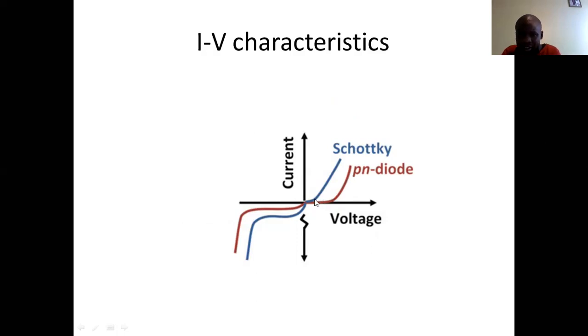You can see it is very, very small. That means by the application of a small forward voltage, it can start conducting. Equally, even in reverse bias, you can see the leakage current is relatively higher as compared to our normal PN junction.